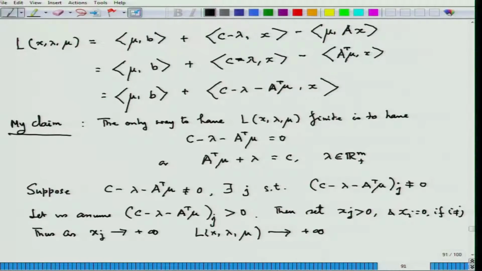So, it blows up. So, it is not finite at all.